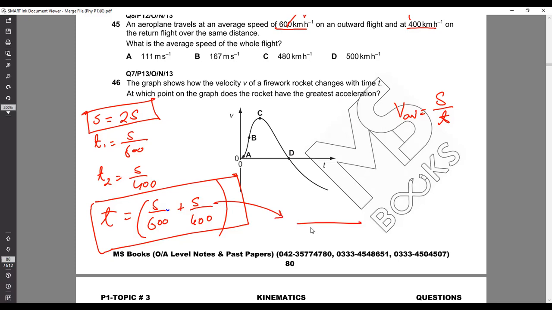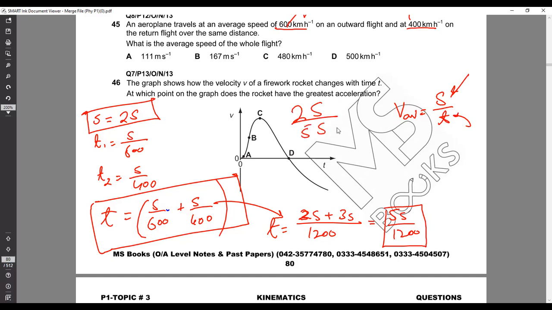LCM will be 1200. So this will be 2s plus 3s. So total time is 5s over 1200. That's the total time. So use 2s and like that. So what you will get, 2s over 5s into 12 divided by 1200. So what happened? S gets cancelled and you solve the rest. What do you get?